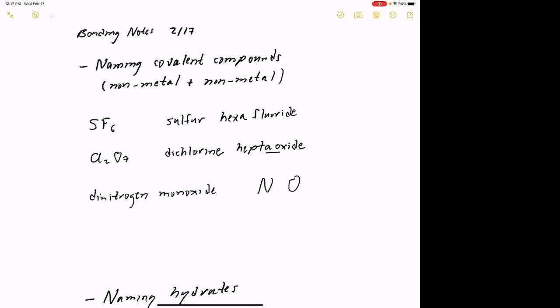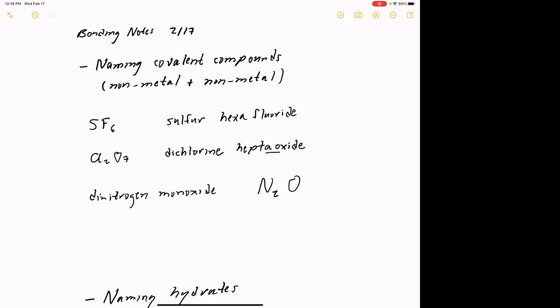And then the prefixes tell me exactly what those subscripts have to be, right? So if it's dinitrogen, that tells me I've got 2 nitrogens for every oxygen in the formula. And the monoxide, not monooxide, but monoxide tells me I've got 1 oxygen. So I can just leave it just like that. If you want to put the 1 in after it, that's fine too. But N2O is the appropriate formula there. Okay, so everybody kind of sort of see how to do that. And we'll practice with this in Chem 101 a little bit later here.